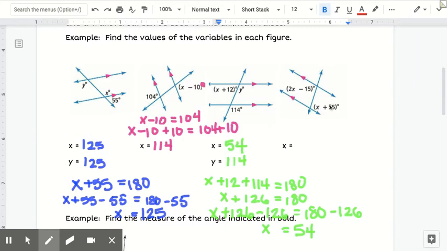We've got our parallel lines, and the two angles they have labeled are between the two parallel lines, so they are interior, and they're on opposite sides of the transversal. So they are alternate interior angles, and alternate interior angles are congruent on parallel lines. That means to solve, I would set these equal to each other.